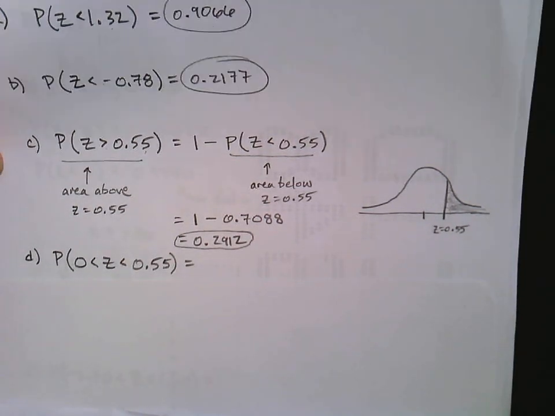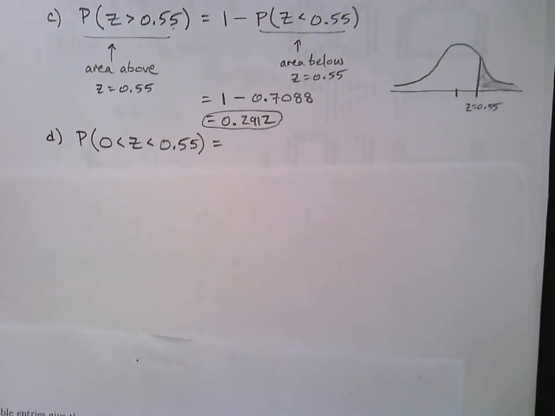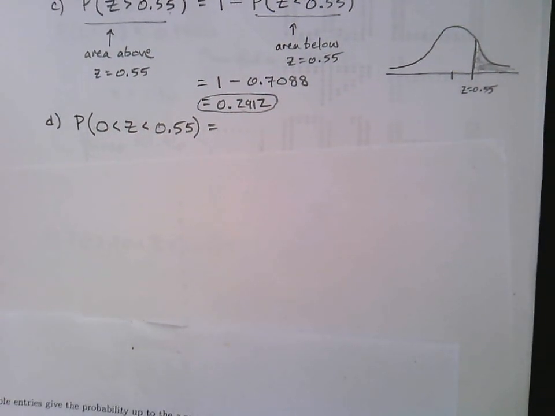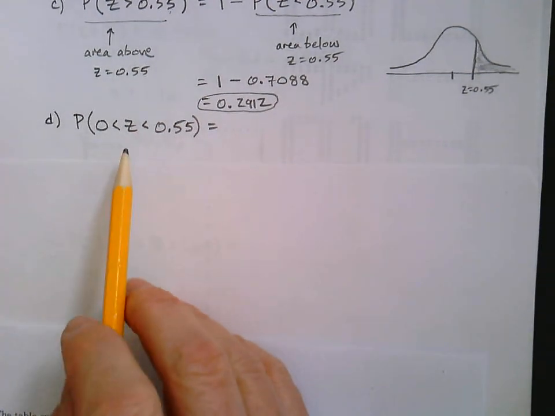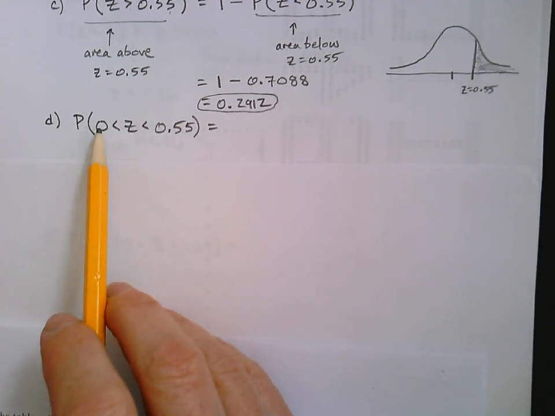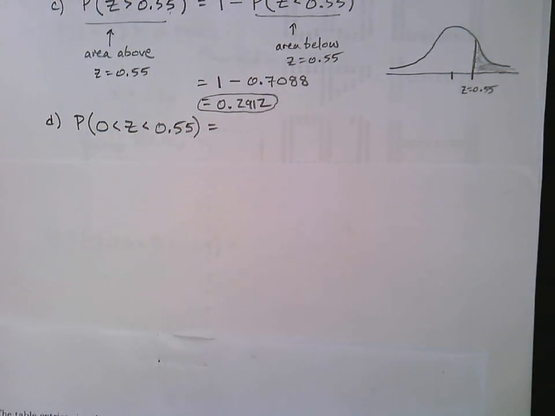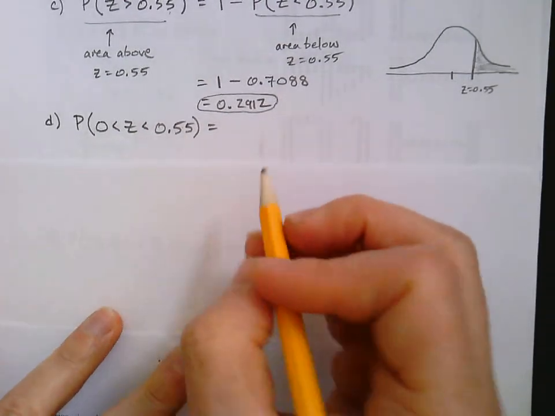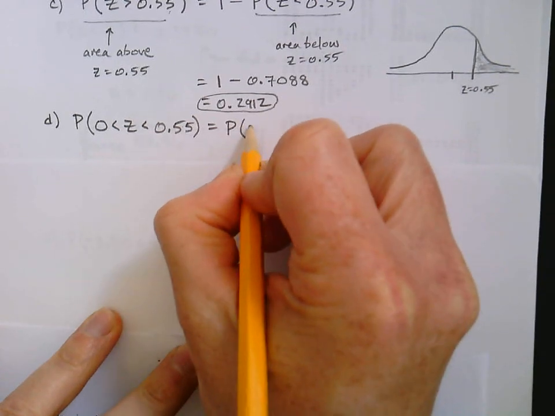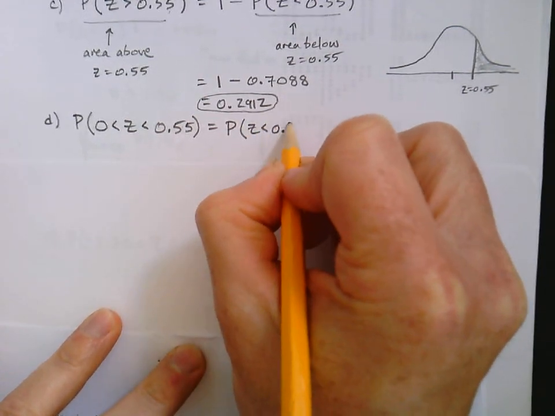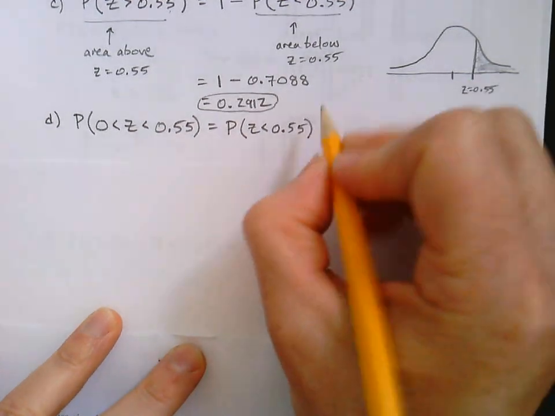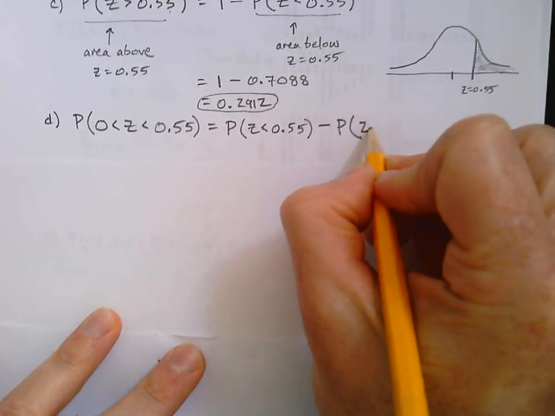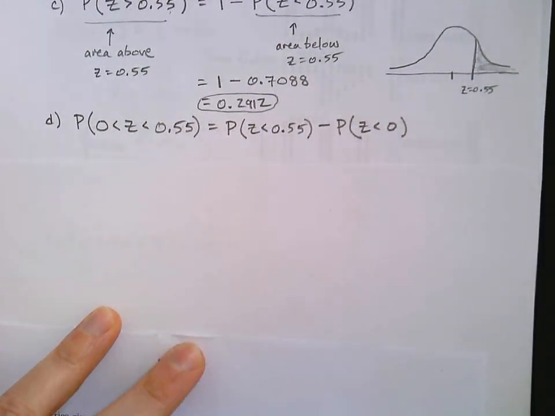Part D. Now it has a z-value stuck between two numbers. What's the probability of our z-score being between 0 and 0.55? Well, we saw similar things back in the last chapter. If I have my z-score stuck between, I'm going to do the probability that z is less than 0.55 and subtract the probability that z is less than 0.